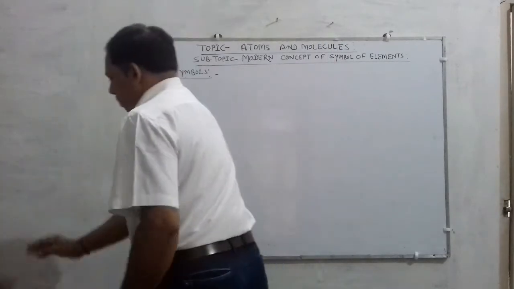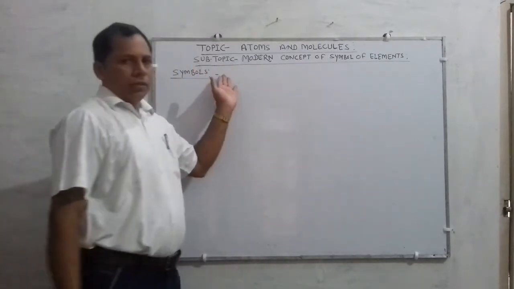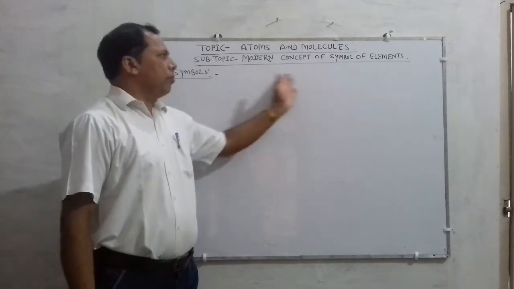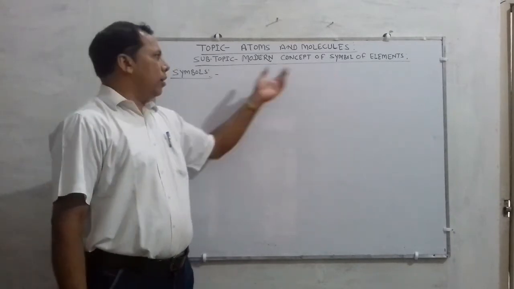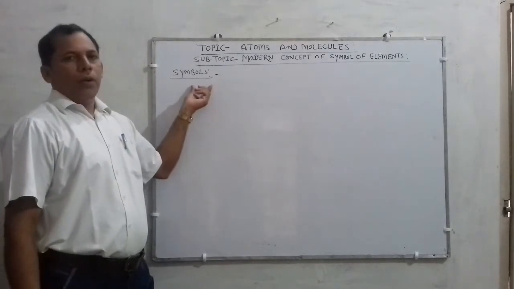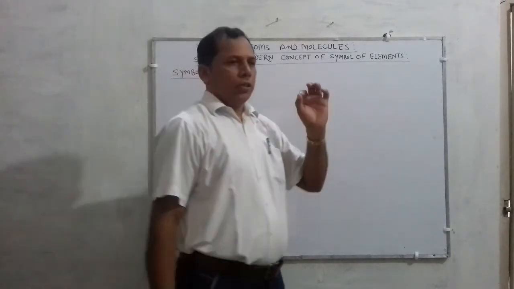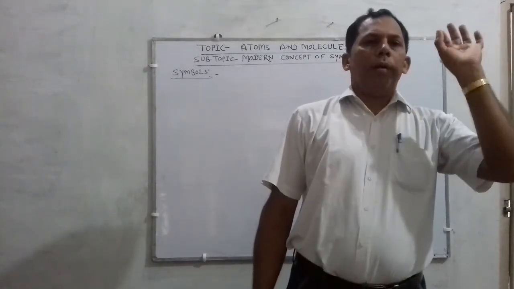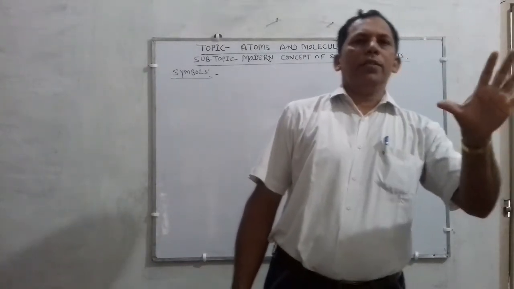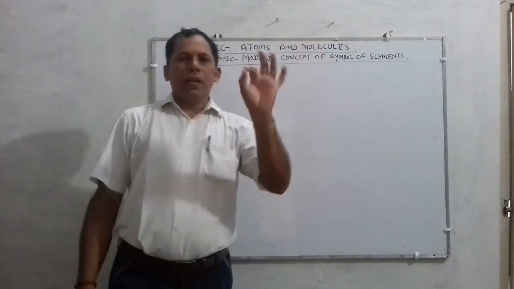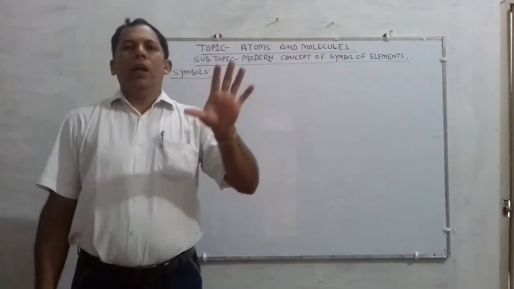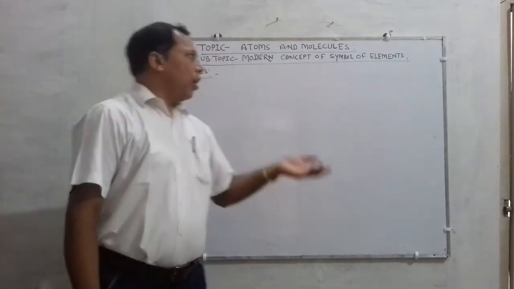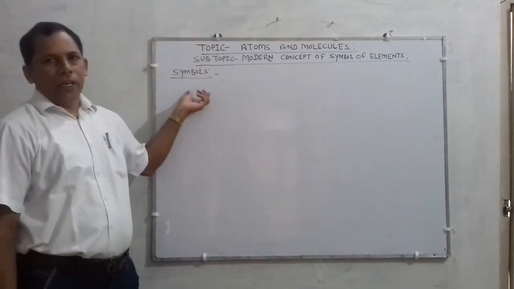So children, nowadays IUPAC has approved the names of the elements, and most of the symbols of the elements are taken from the first letter of that element's name in English, Greek, Latin or German, which is written in a capital letter.